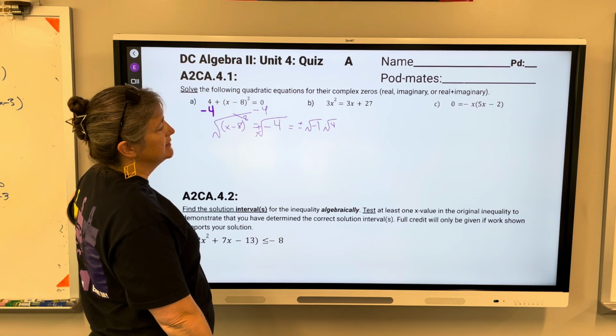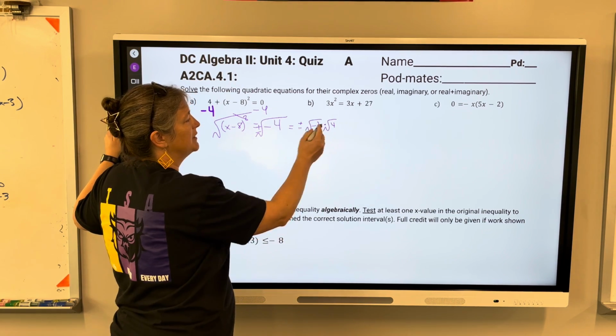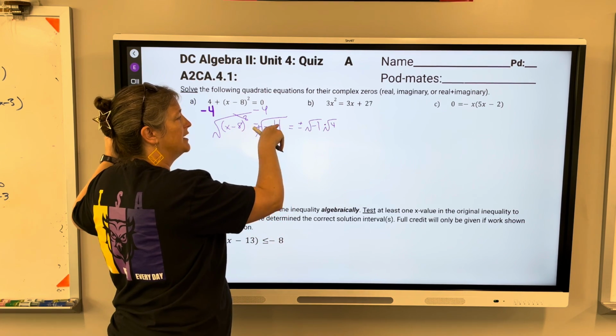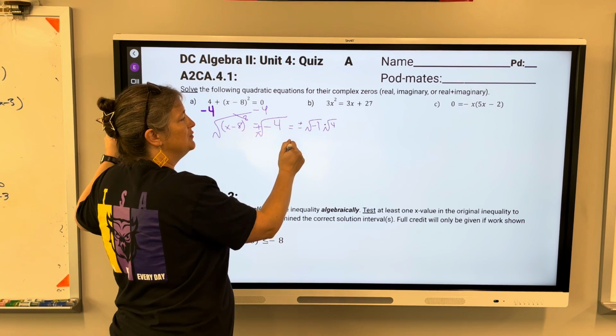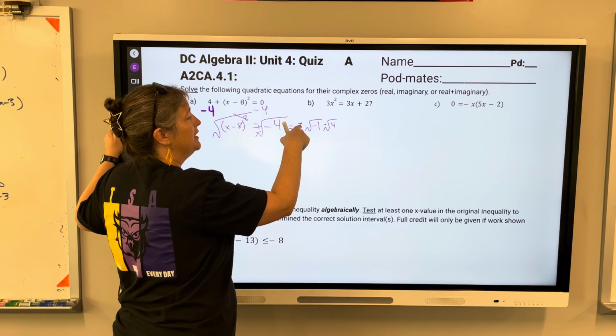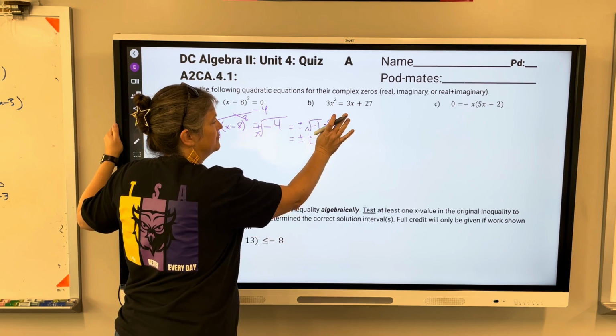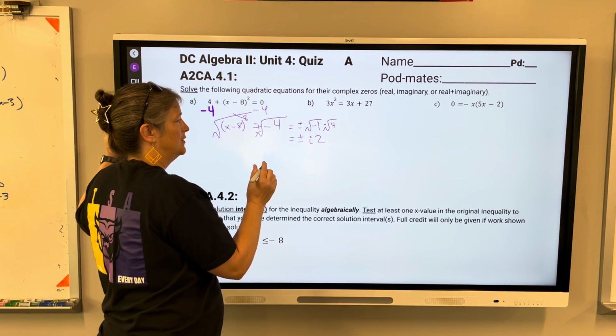They are exponents. They distribute across multiplication or division. So I'm allowed to pull those factors of -1 and 4 apart and do them independently, which means that the square root of -4 plus or minus becomes plus or minus i times, well, the square root of 4 is 2.